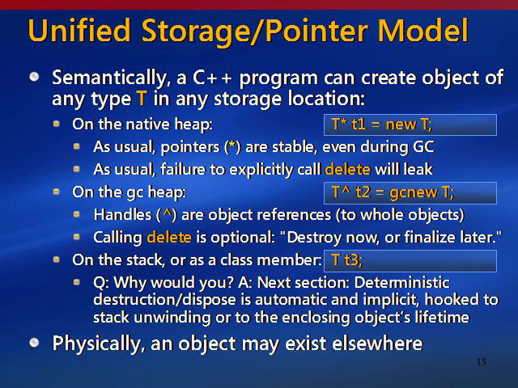So I would read that as T hat t2 is a garbage collected instance of T. And you can still delete on those, which would call the destructor, and the garbage collector would just take care of cleaning up the memory, but you would avoid the finalization pressure by using delete on that.